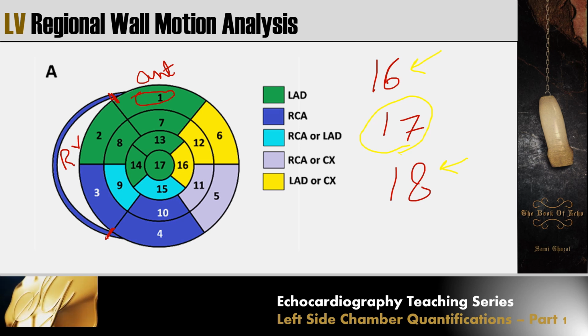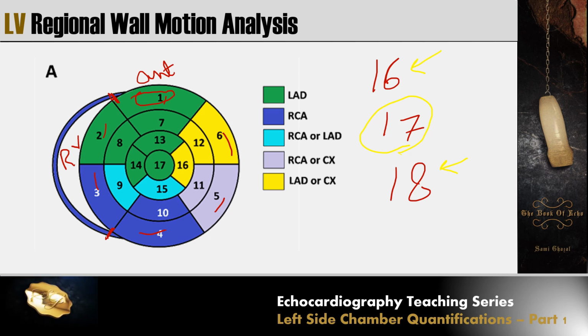So this is the basal anterior, number 1. This is anteroseptal, inferoseptal, inferior, inferolateral, anterolateral. So this is the basal level. Then we do the same in the mid level: anterior, anteroseptal, inferoseptal, inferior, inferolateral, anterolateral.